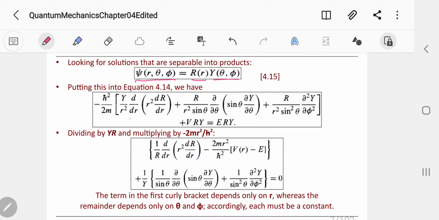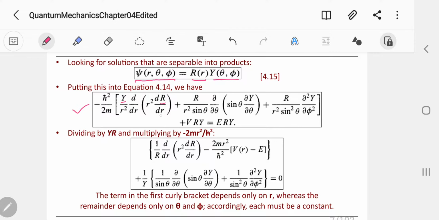So we can replace the phi with RY, and the Schrodinger equation would look like this now. And these are the Y and the R.